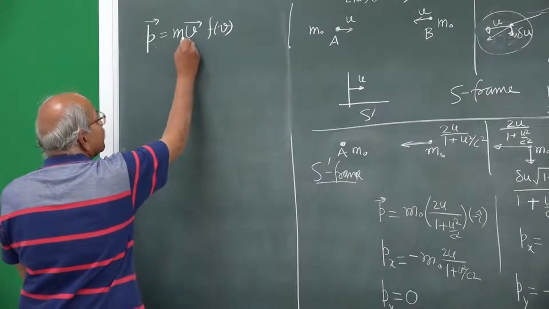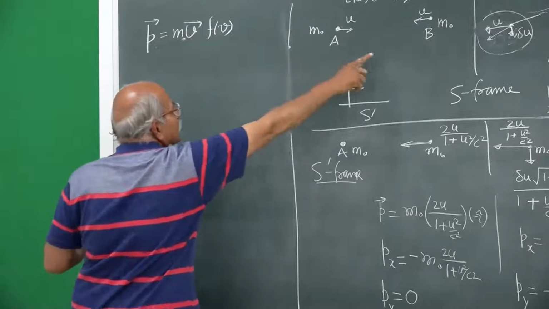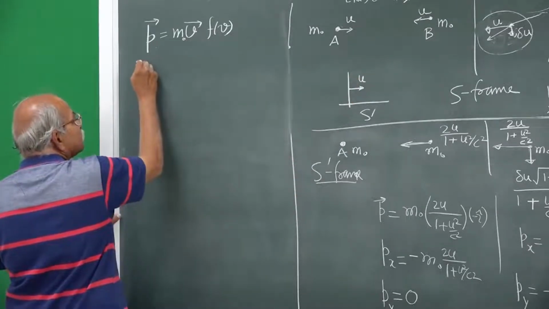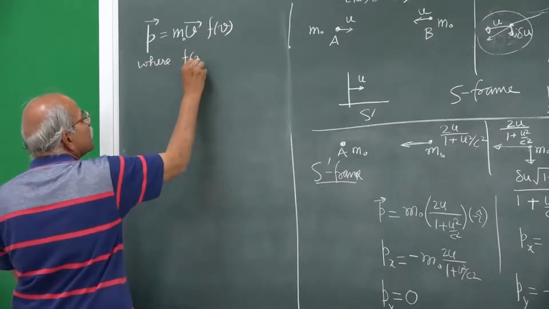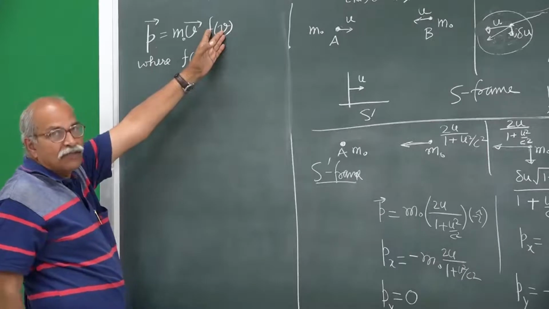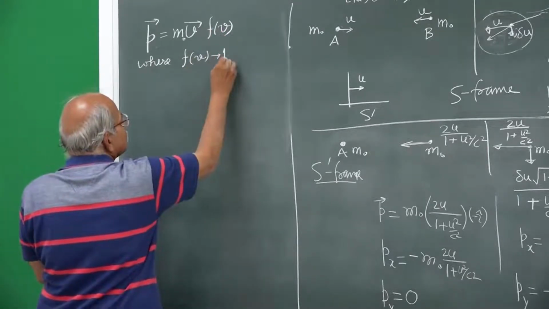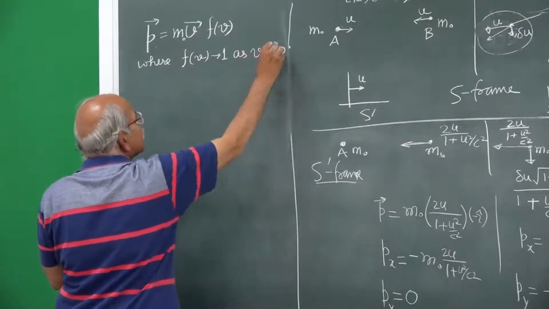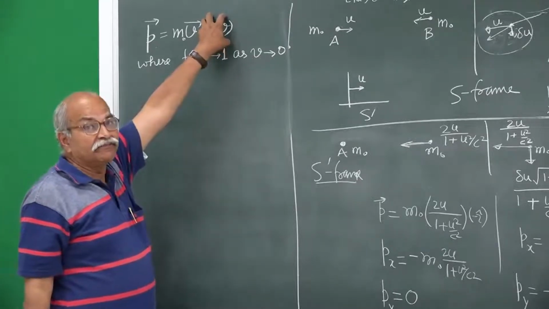So, if I take this as the definition, let me write m naught, I have taken m naught here. This functional form I do not know as yet, we will derive it. It goes to 1 as v goes to 0. This is our requirement. So, we have to find what this function can be.